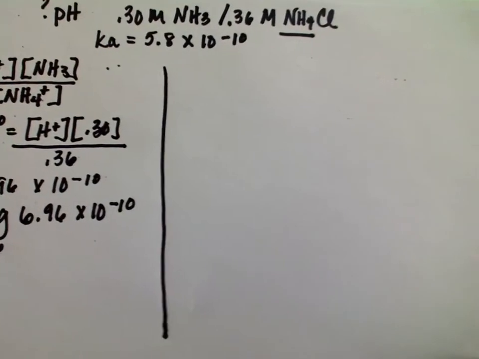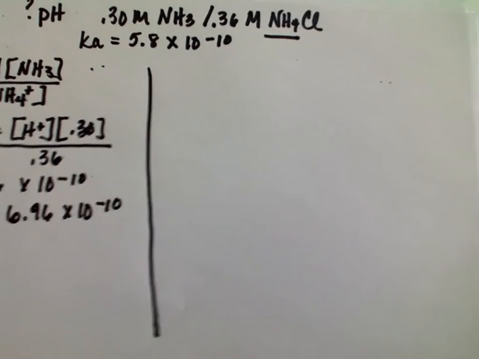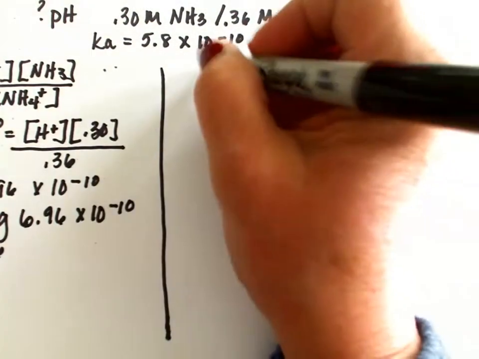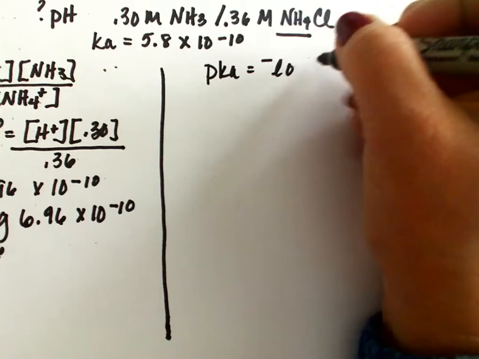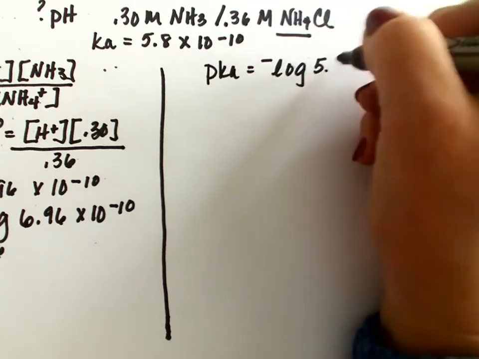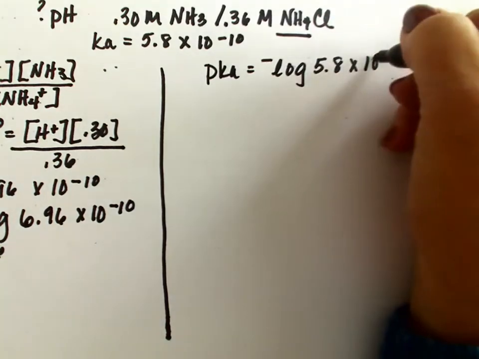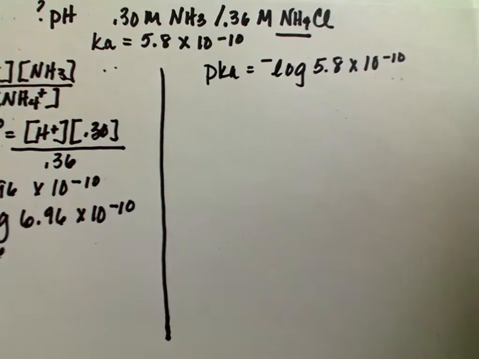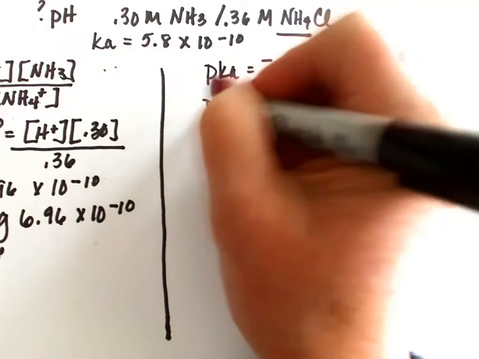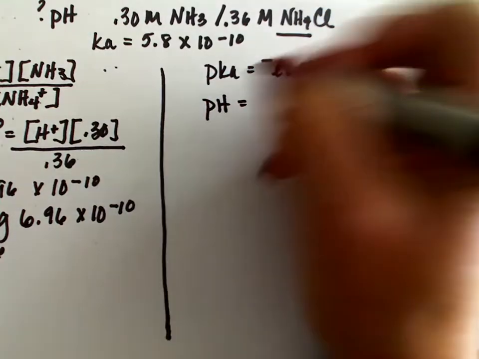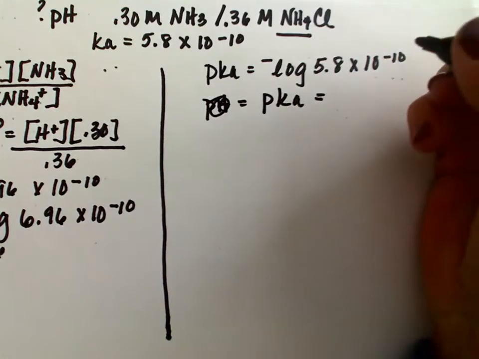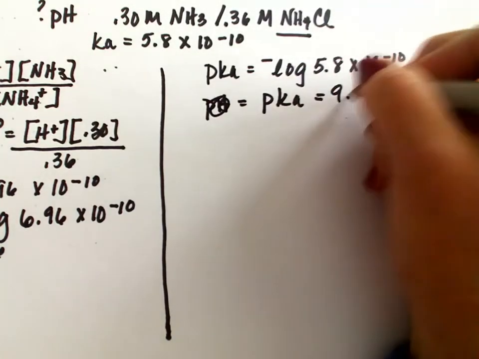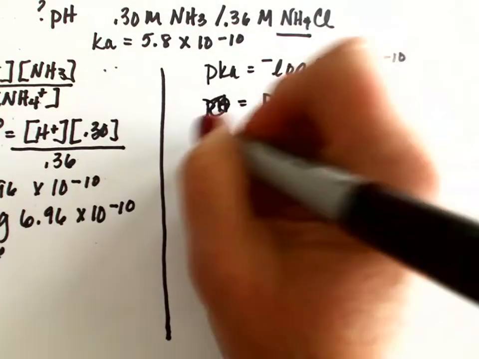And so once again, we can do this as well using the Henderson-Hasselbalch equation, in which case we'll have to calculate the pKa, negative log of the K sub A. And I will also have you calculating the pKa's. So, pKa here equals 9.24.